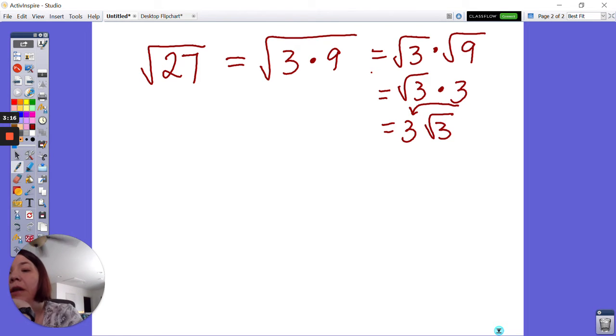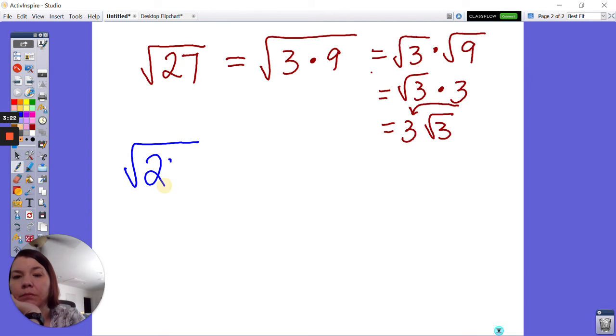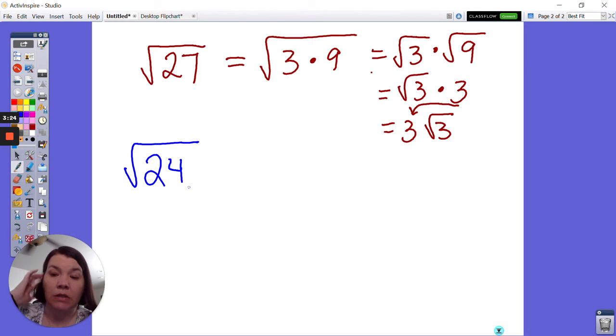Let's try again. The square root of 24. Now there are some numbers, which is the second example on the math notes, that are harder to do. 27, 3 times 9, that's one of the things you're going to think of. And 27 is not really anything else that we break apart, because it's 1 times 27, 3 times 9.